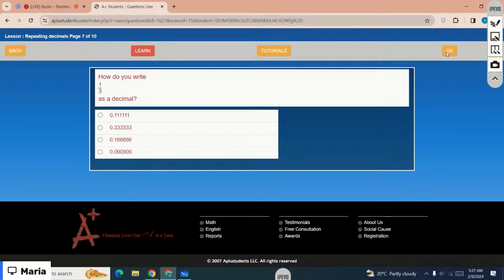How do you write 1 by 3 as a decimal? So which is the correct option?